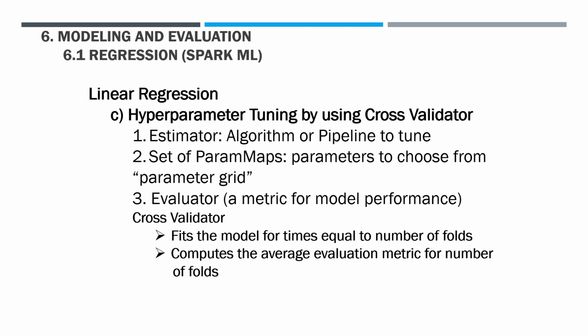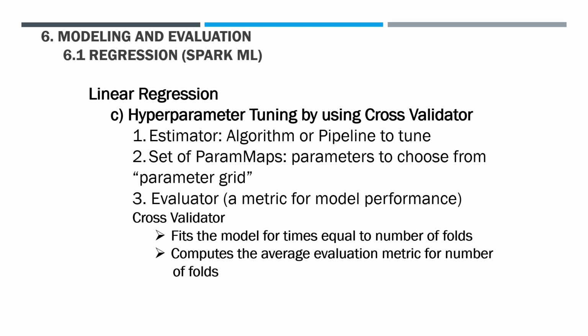Then it's passed a set of parameters, which is a parameter map. It's also called parameter grid, and the model will choose parameters from within that grid. The third parameter it is passed is called evaluator. It's a metric for model performance.